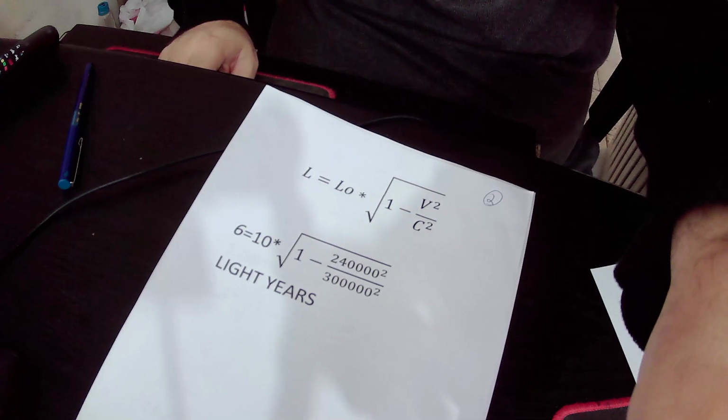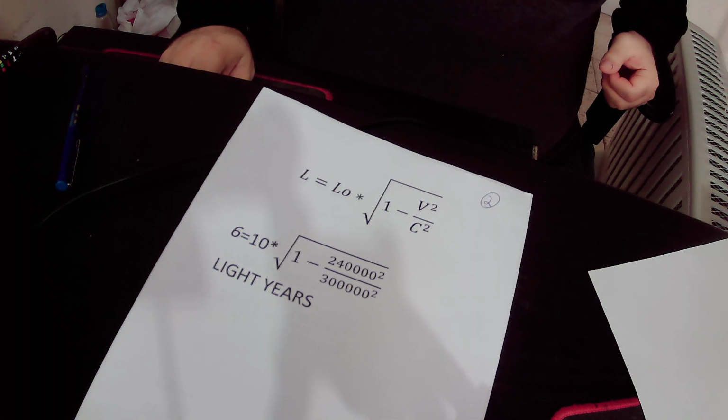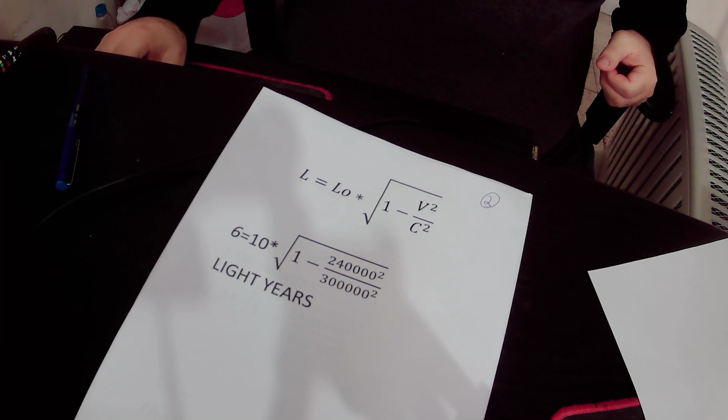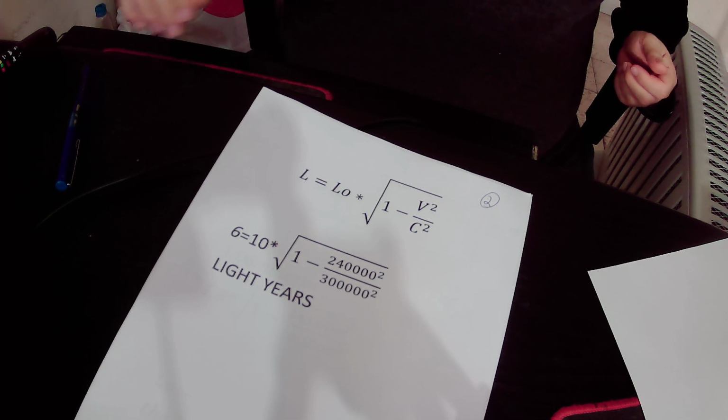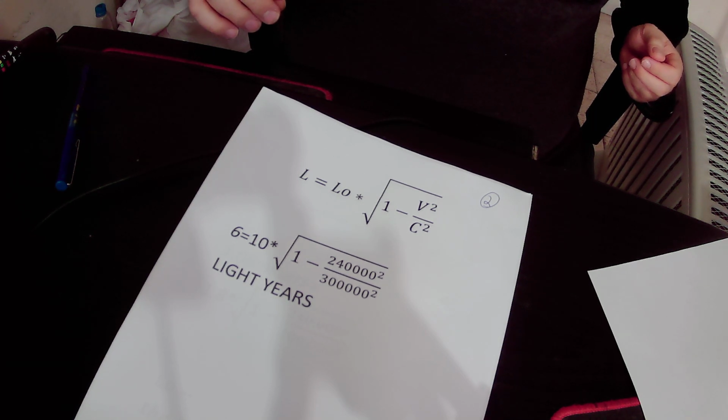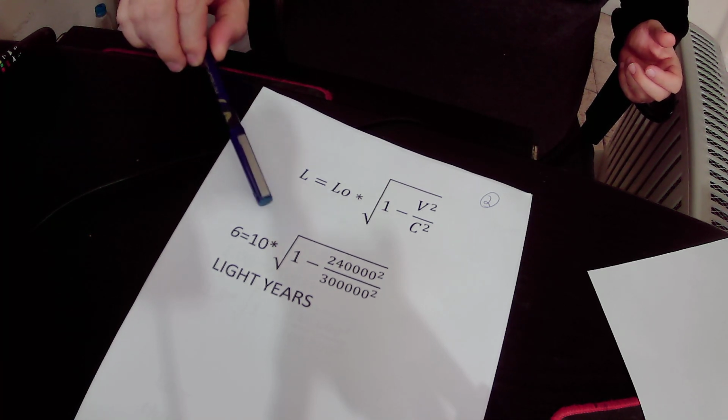Okay, so in that situation, the distance between the solar system and the star Epsilon is 10 light years.